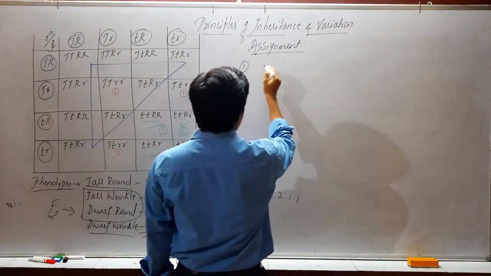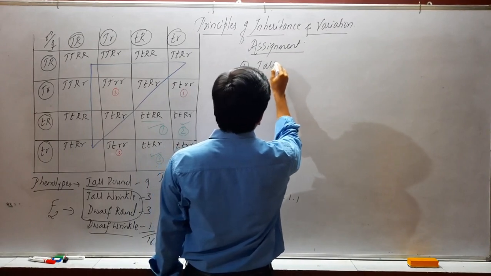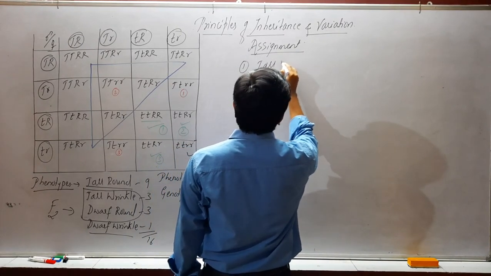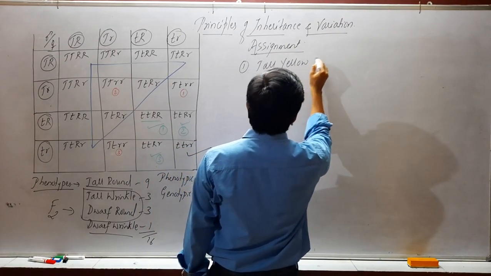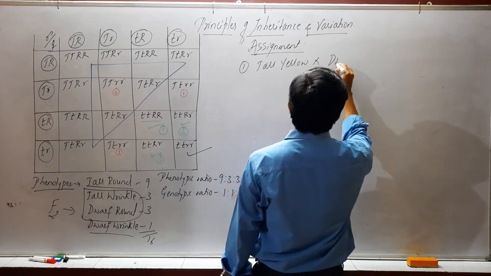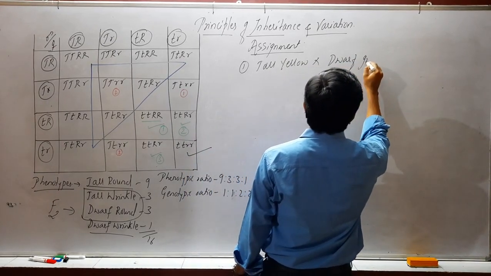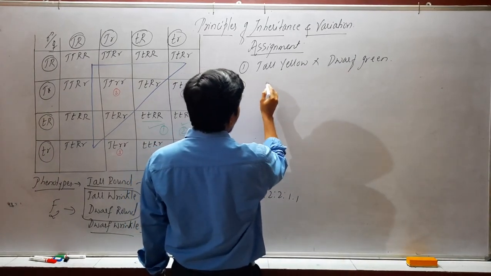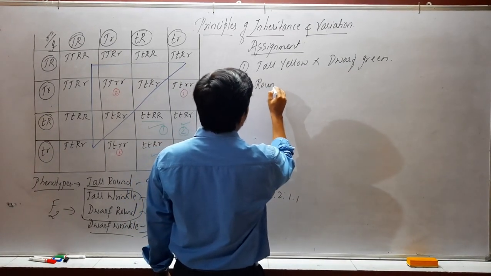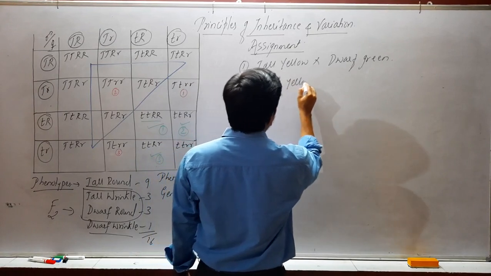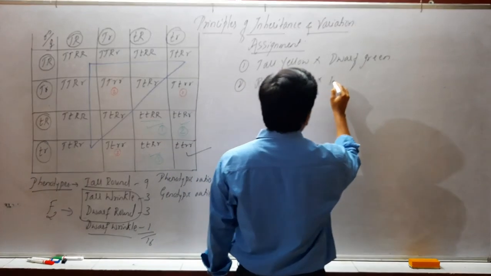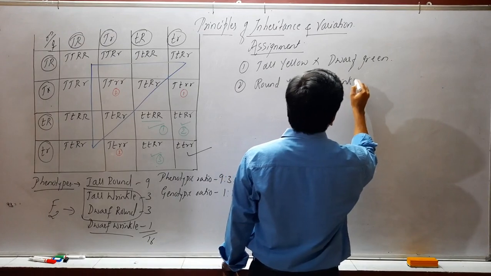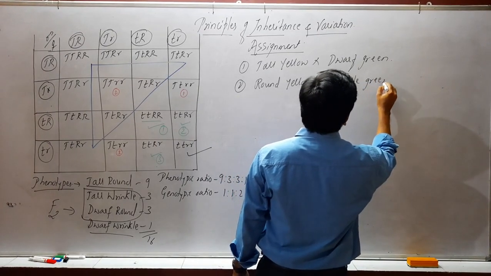Do the cross. First one is tall yellow cross with a dwarf green. Then take the second one, round yellow cross with wrinkle green.